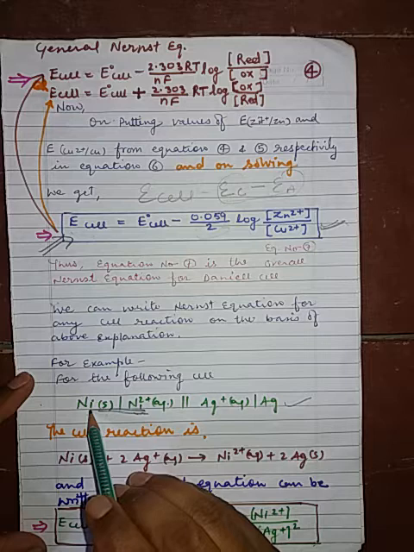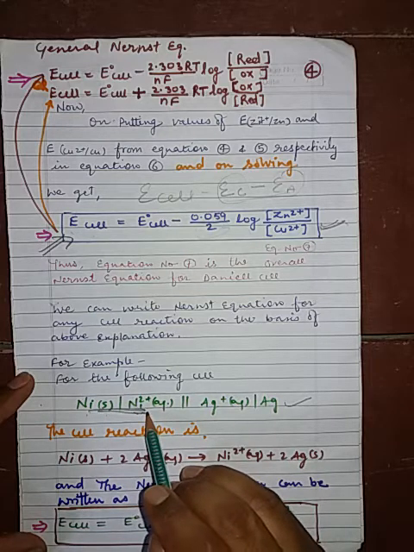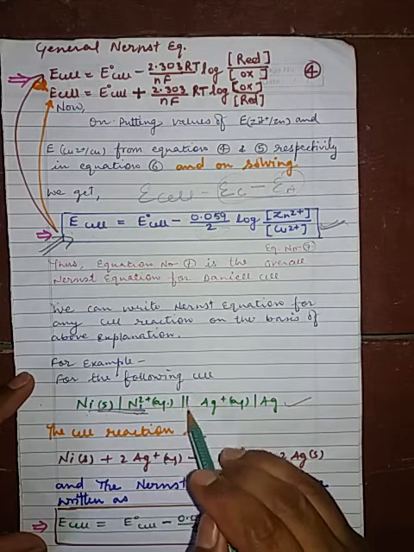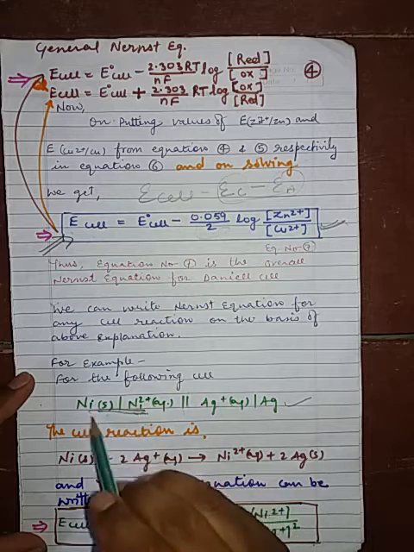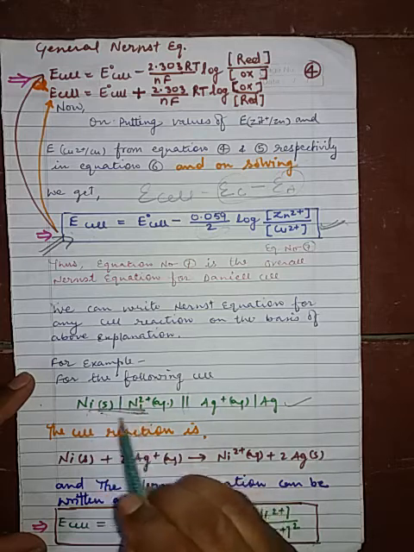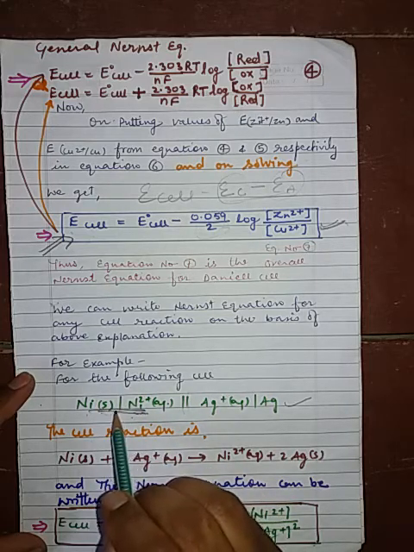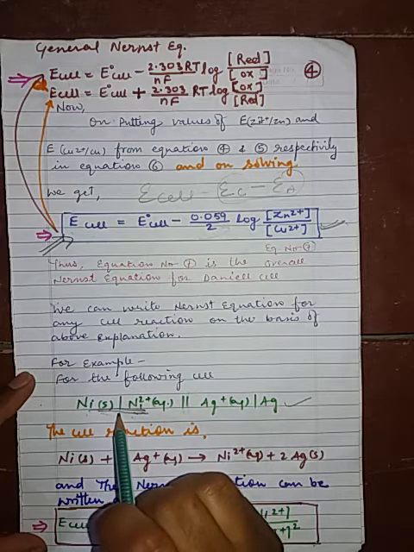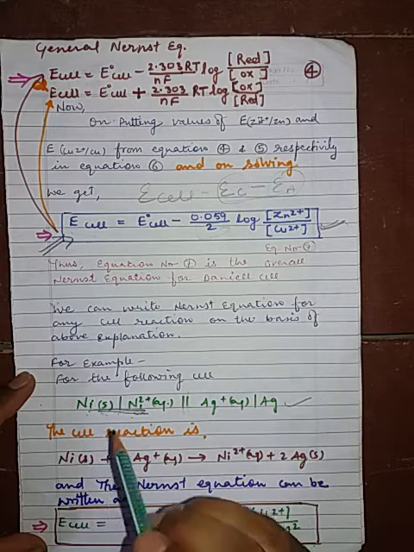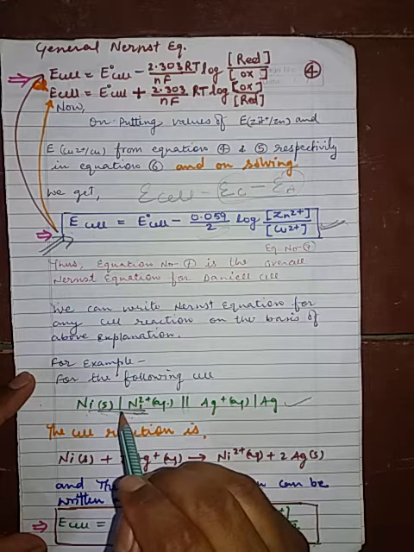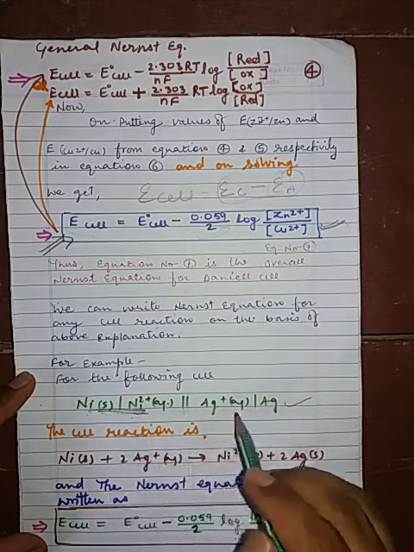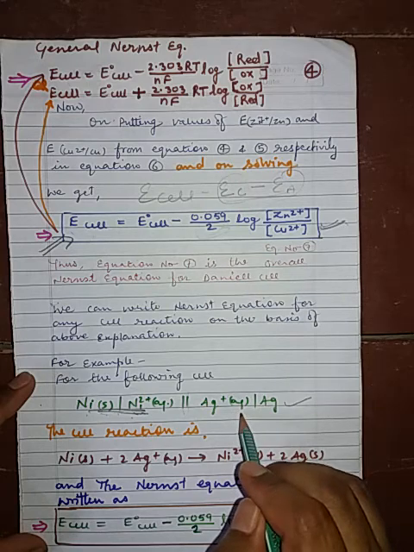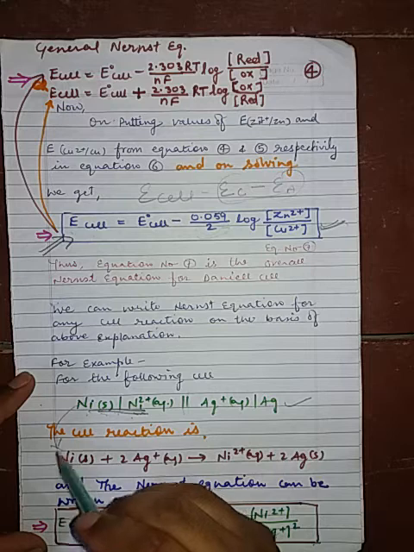In this, Ni is changing into Ni2+ ion, this shows the salt bridge, and this shows the change taking place within the cell. Here the left hand side is the negatively charged electrode, and here is the cathode, towards the right side, and this cell can also be written in the form of an equation.